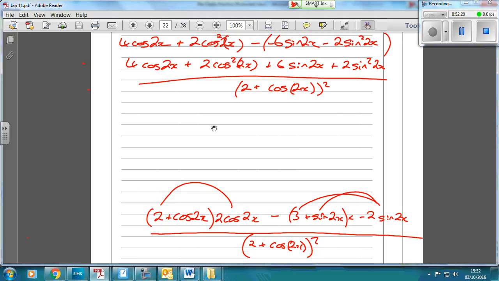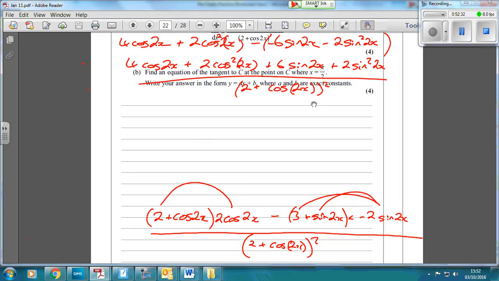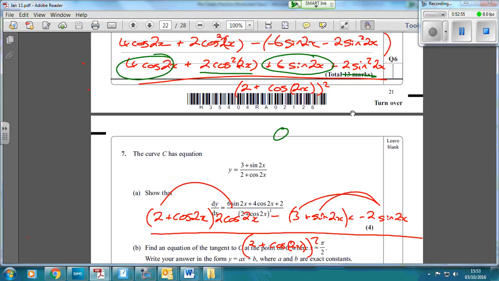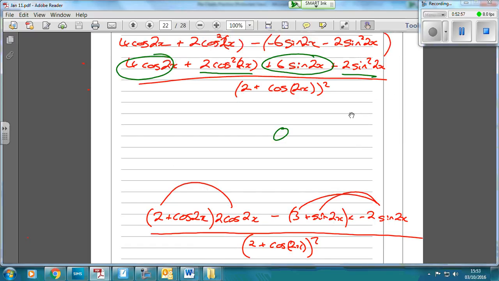Now we notice the top at the moment doesn't look like what we want, because it doesn't have any sine squared 2x's in. But what we have got so far is the 6 sine 2x there, and the 4 cos 2x here. But we've got this plus 2 instead, but we've got this thing here. So we want to keep the bits that we've circled, and we somehow want to get rid of this and end up with 2.